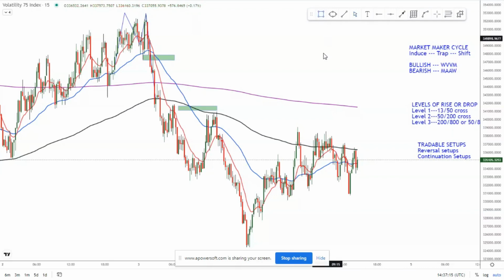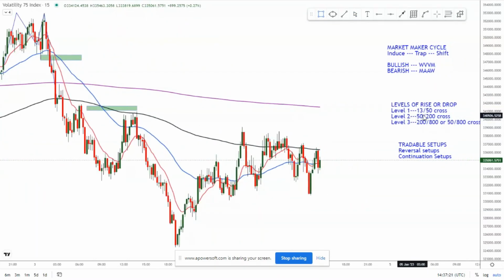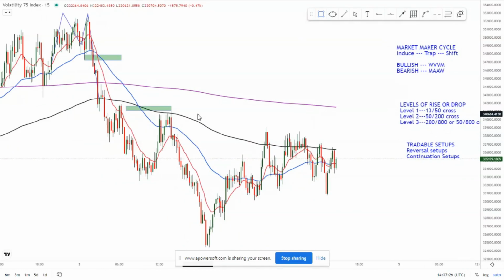Then for level 3, sometimes it is the 200 crossing the 800, or the 50 crossing the 800. You get?